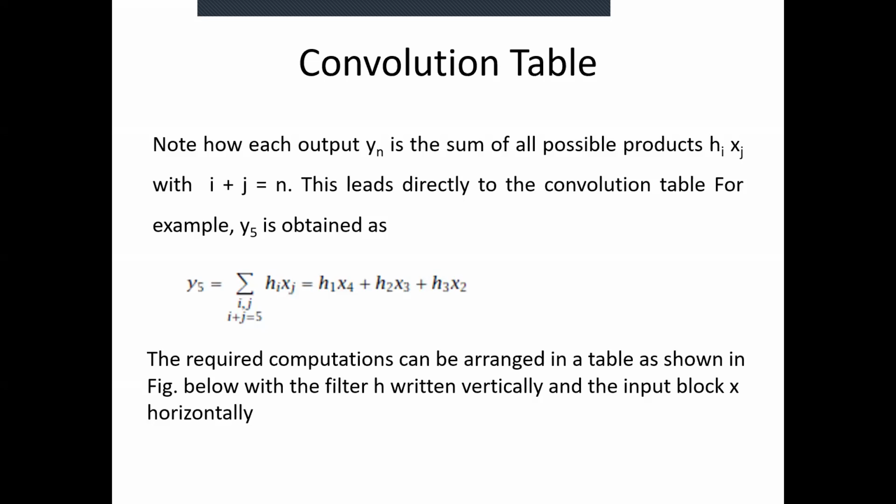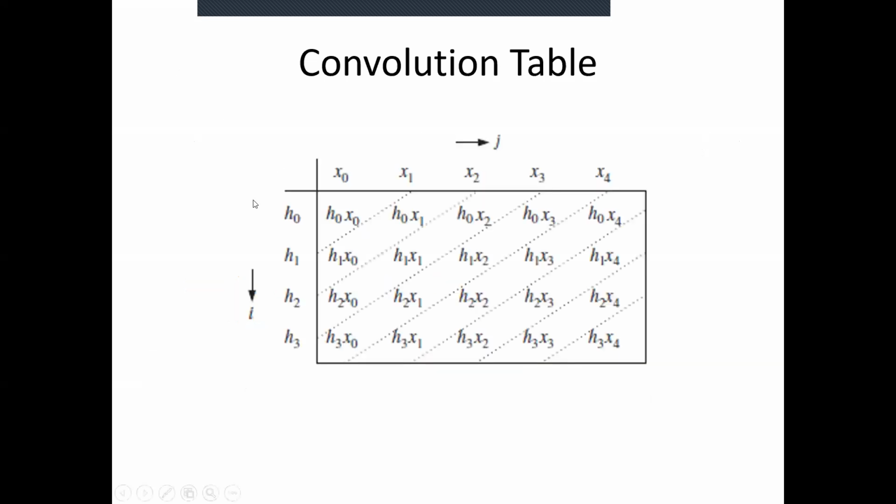Well, the required computations can be arranged in a table as shown in the figure below, with the filter h written vertically and the input x block horizontally. Let's go to the table and I'm going to show you what's going on. Here we have H0, H1, H2, up to H3. So how many coefficients do we have? 4. X0, X1, 2, 3, and 4. Here we have 5 coefficients.